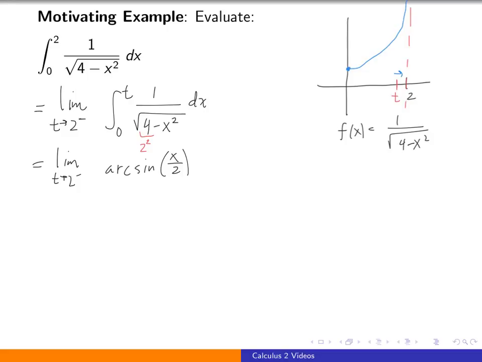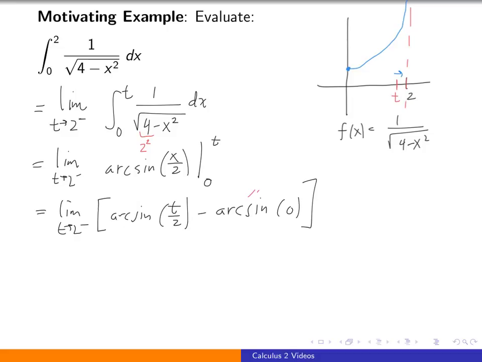And we're evaluating from 0 to t. So we have the limit as t approaches 2 from the left of arcsine of t over 2 minus the arcsine of 0.